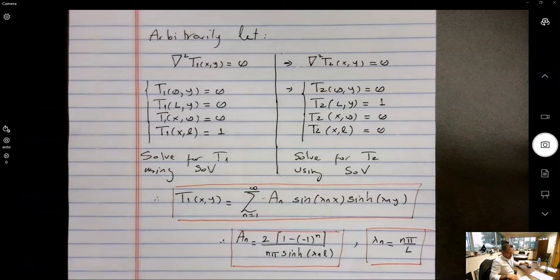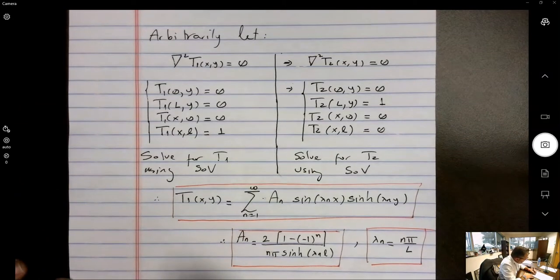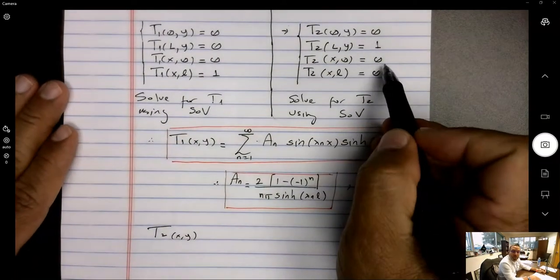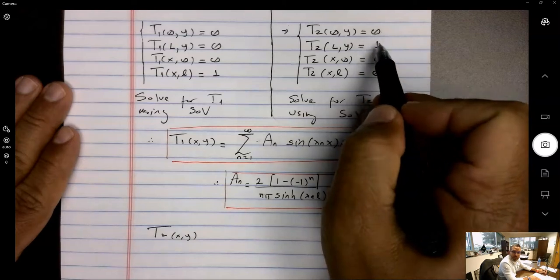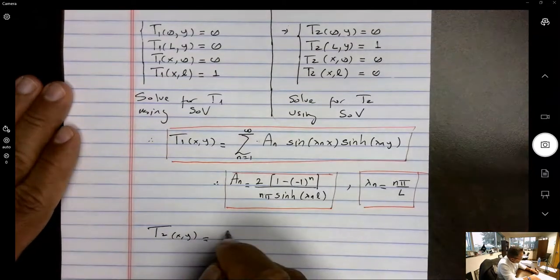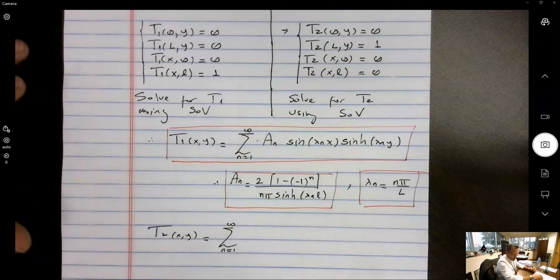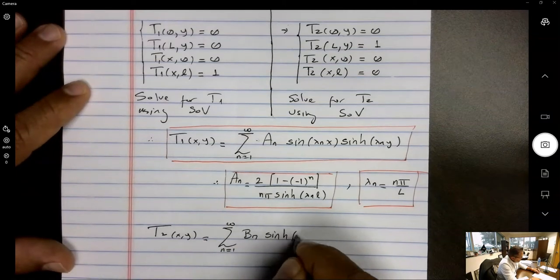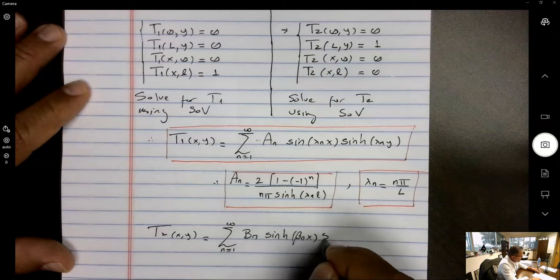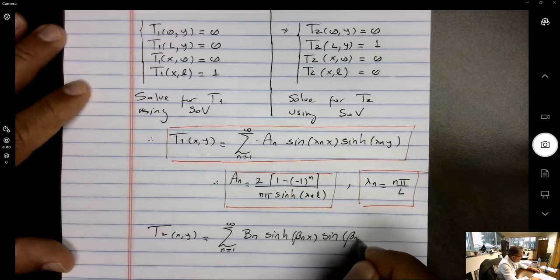Likewise, we do it for problem T2. T2 will then be a problem whose eigenvalue problem will be in the y direction, and the non-eigenvalue problem will be in the x direction. And this will yield a solution as an infinite series from 1 to infinity, Bn sine hyperbolic of beta n x sine of beta n y.